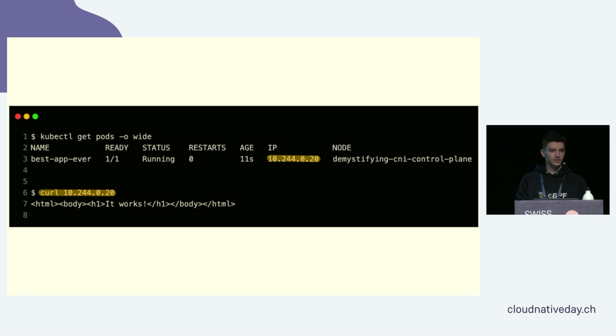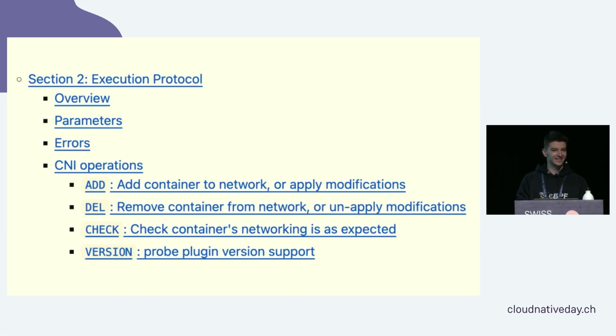Now, all of this is to say as well that this is just a tiny, tiny, tiny piece of what a CNI is actually supposed to do, right? What you can see here is a screenshot of the actual CNI spec. And there's a lot of things to think about. Even this is just a tiny snippet of what we need to do. What we focused on here today is the add operation.